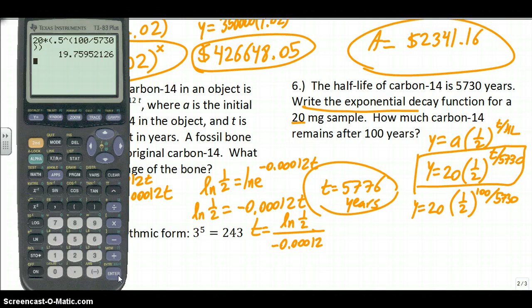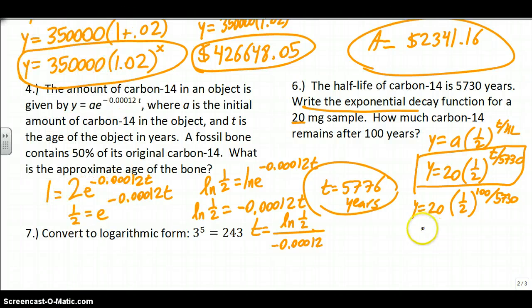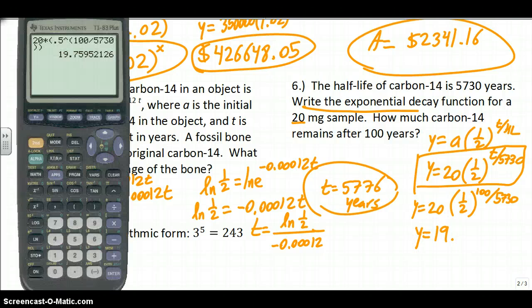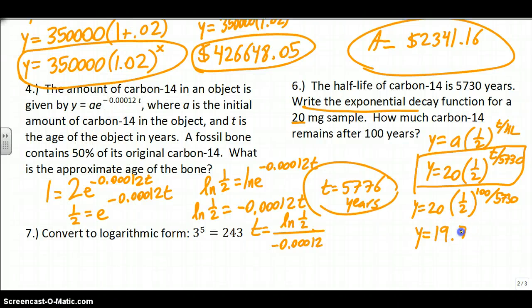And we get this. We start with 20 and we end up with this. Does that make sense? 5,730 years is the half-life, and 100 years, relatively speaking, is a pretty small amount. So it would be 19.759, but you'll bump that up, so 19.760. This was milligrams, right?